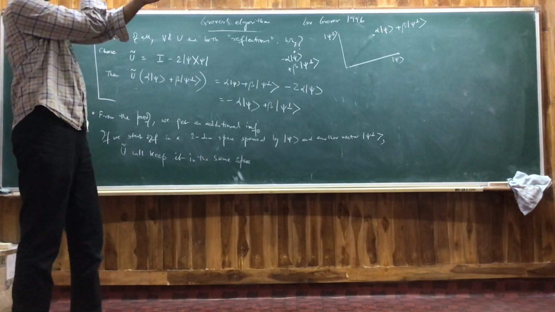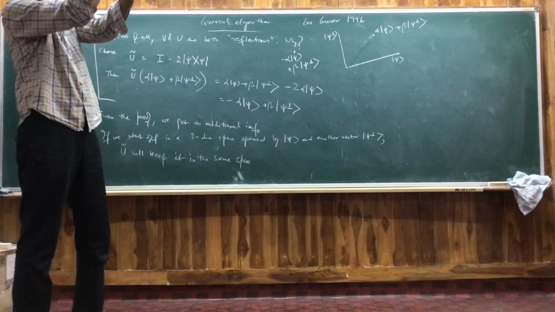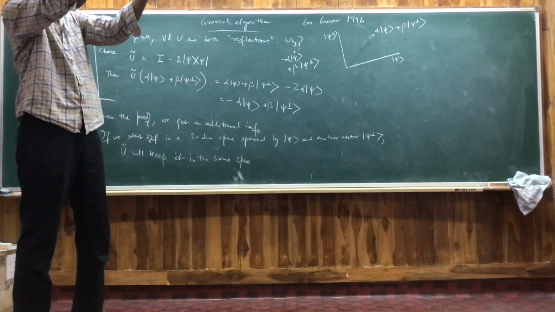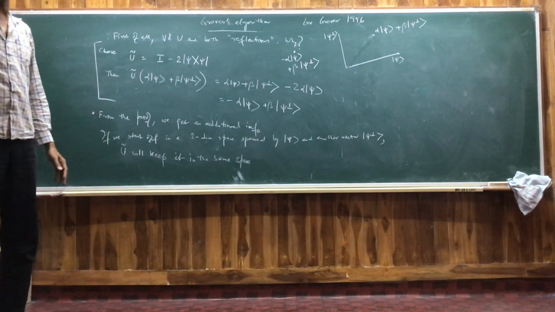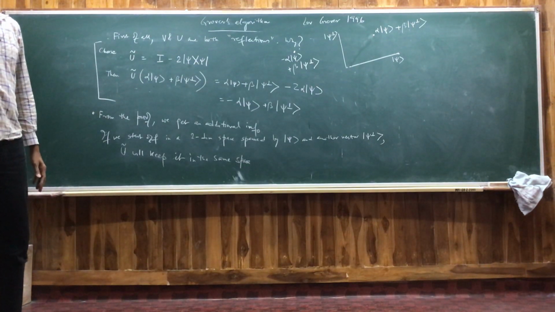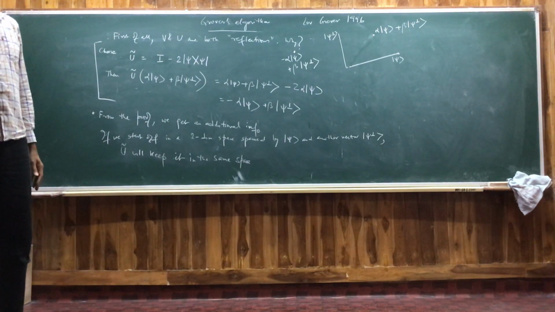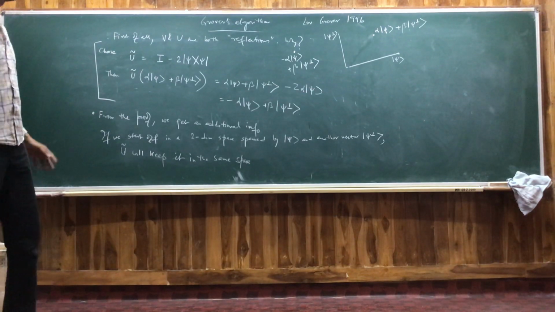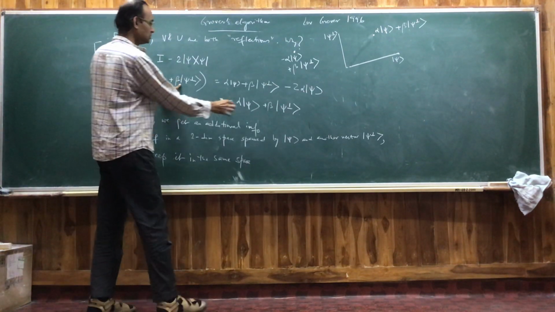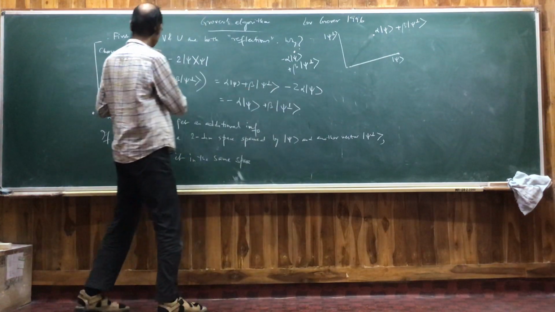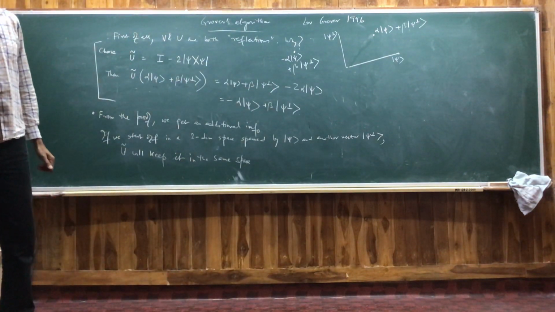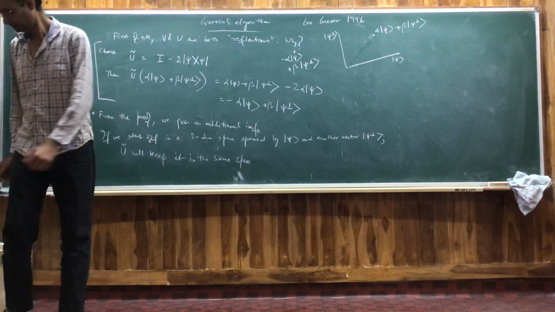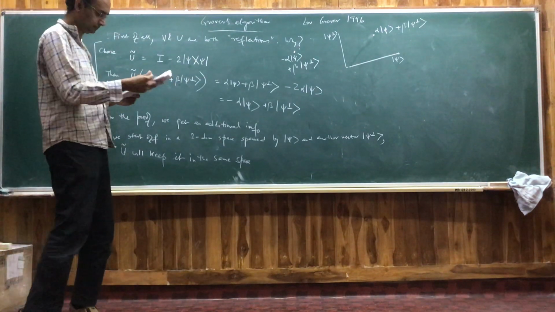This u tilde, when acting on that vector, doesn't move it out of the plane. Although there are 198 other dimensions, it doesn't go there. It went from this to this. Both are in the plane of psi and psi perp. We need this fact.